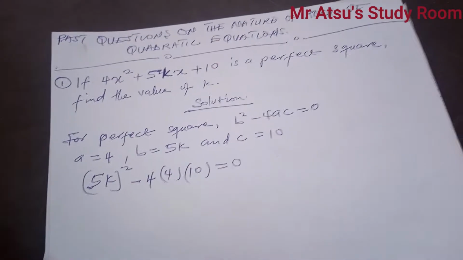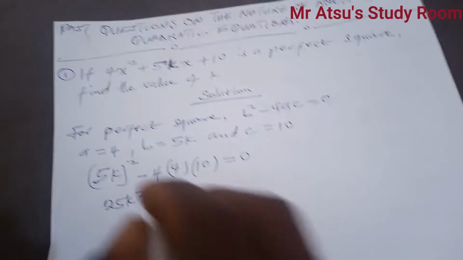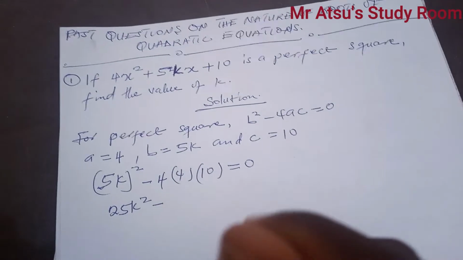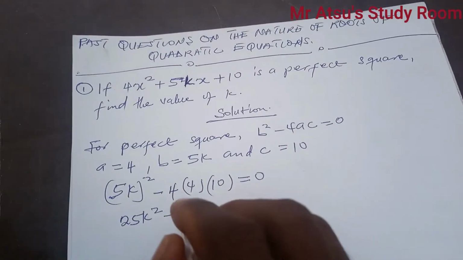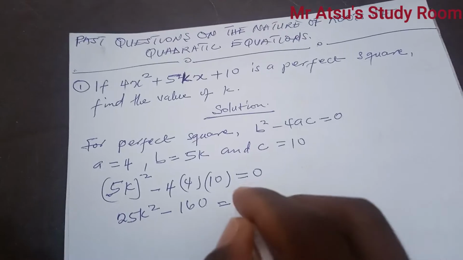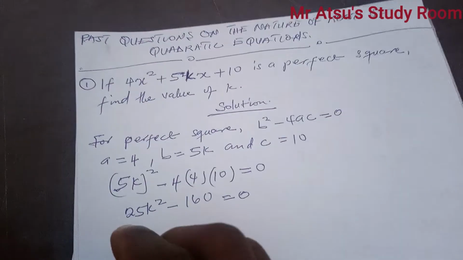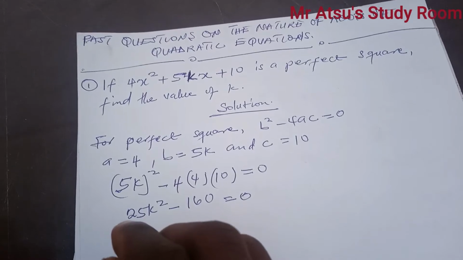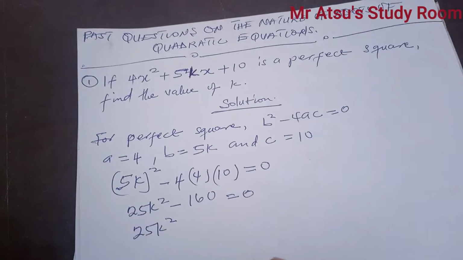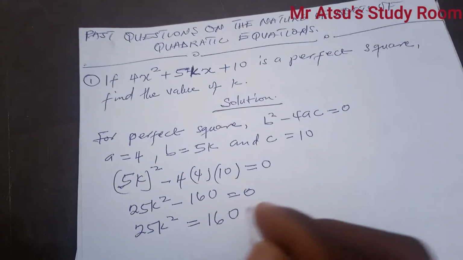Let's simplify further. 25k squared minus 4 times 4 is 16, times 10 is 160. 160 equals 0. And this means that 25k squared will be equal to 160.